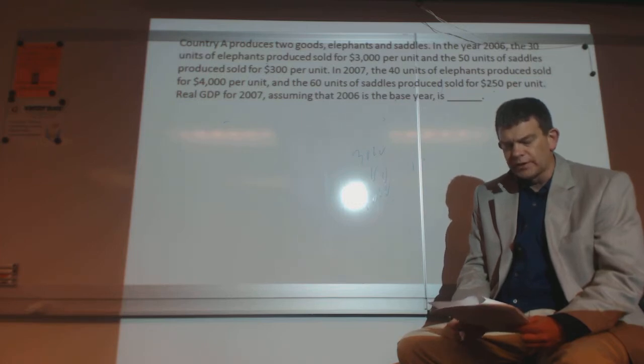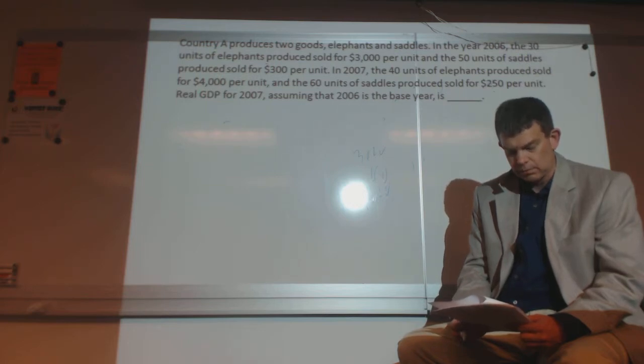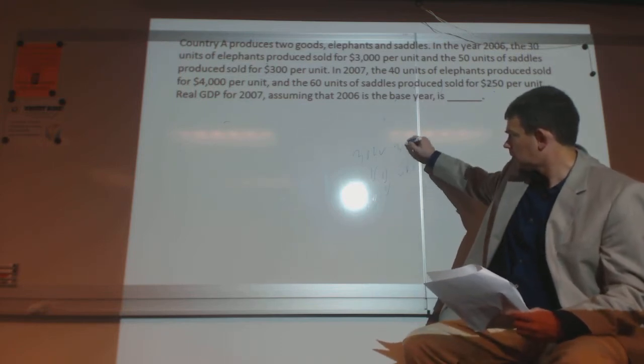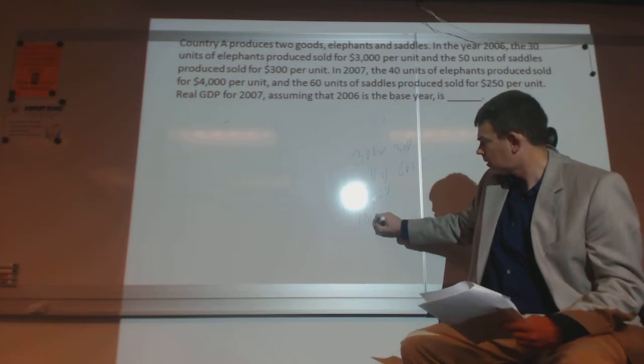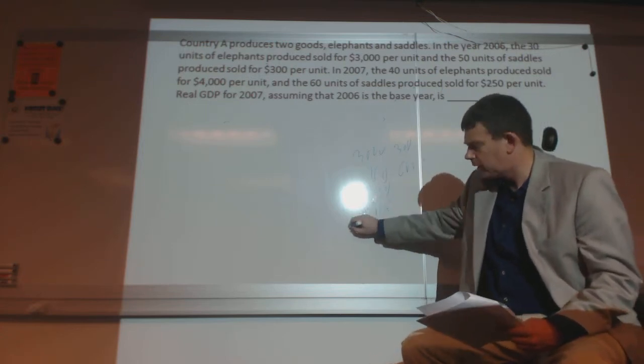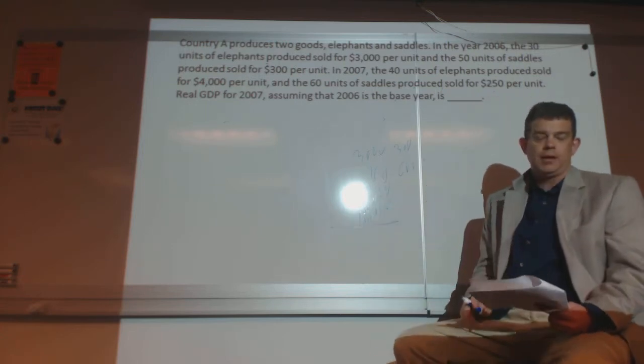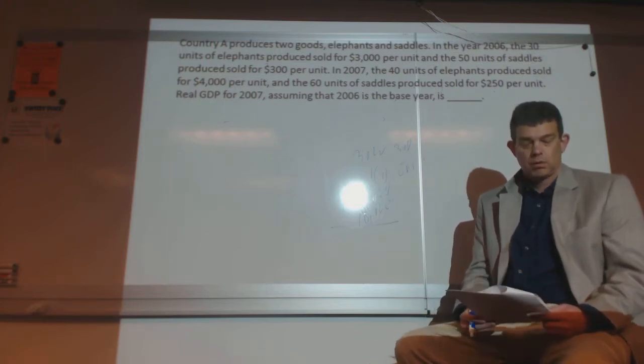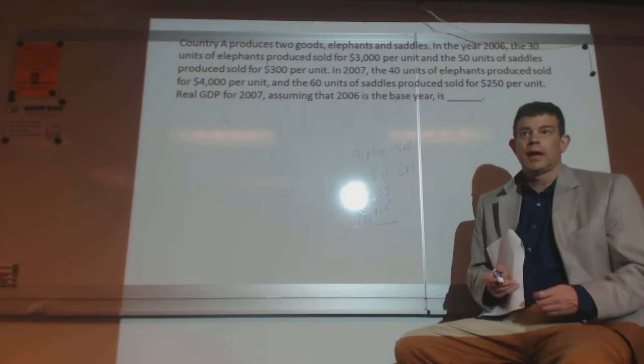And then we are going to take 60 saddles times what, though? Times 300. And what is 60 times 300? 18,000. So what is real GDP for 2007? 138,000.